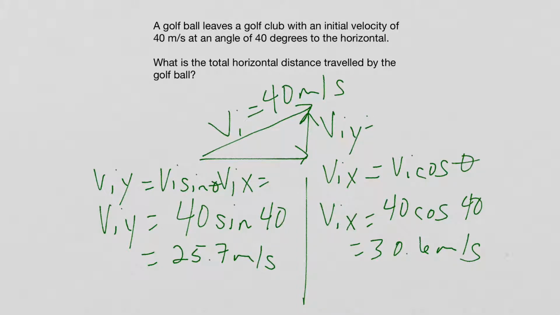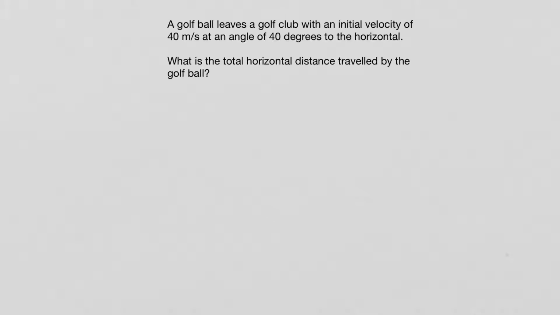Now, I'm going to go to a new page. Alright, so we ended up with initial velocities in the x and y direction, so we can add those to an x and y motion chart. So let's go ahead and do that.